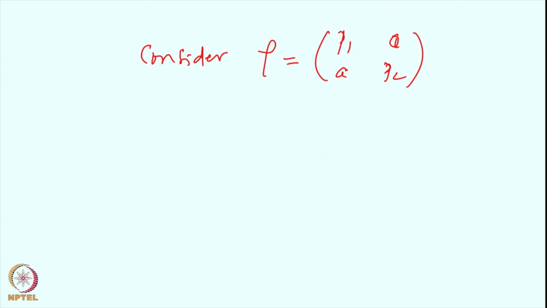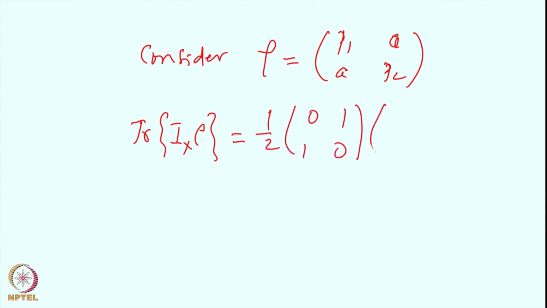Now, what will be the consequence of this? If I want to calculate the trace again of Ix rho, then this will be equal to half times 0 1 1 0 multiplied by P1 A, A P2.